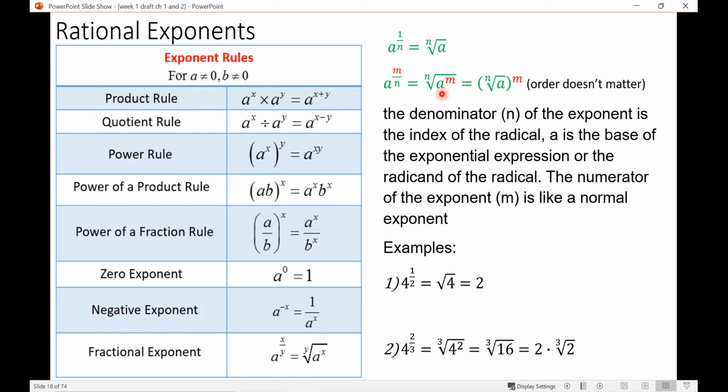If our numerator is something else, then that fractional exponent is a radical and a power. Notice when you translate into the radicals, the order does not matter. Now, keep in mind, knowing this, that we can translate between radicals and exponents, means that whenever we have radicals, we can translate to exponents and use all the exponent properties.